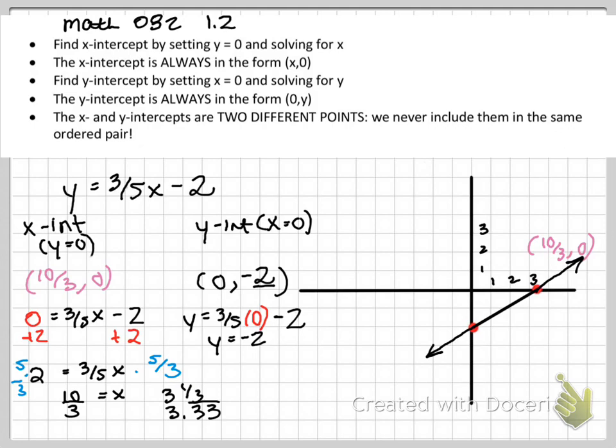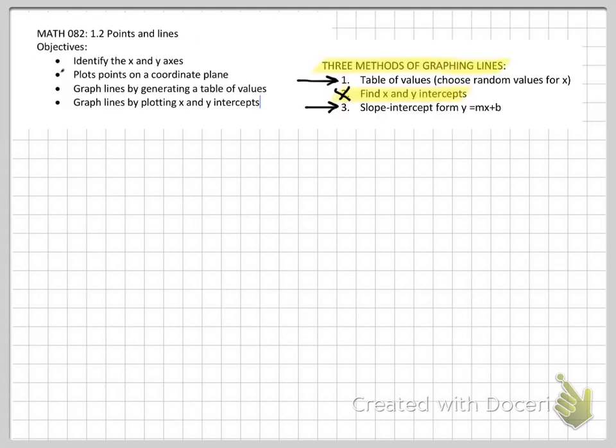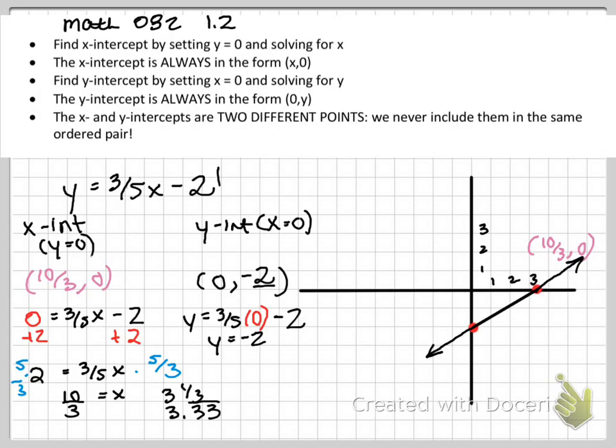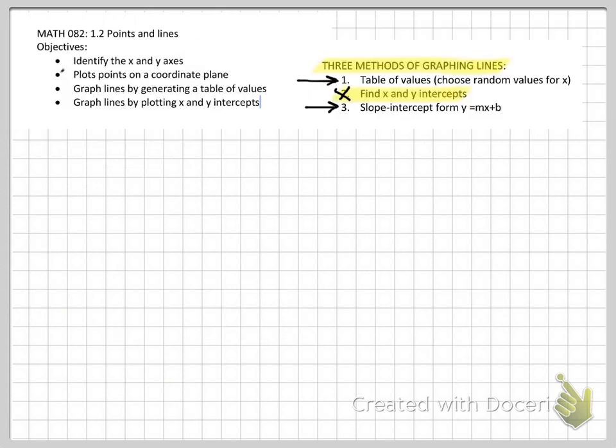So, let's talk about if this was a problem in MOM and you can't use this method, which method would be the easiest? If we go back and look at this function here, y equals 3/5 x minus 2, hopefully you can see that it's already in slope-intercept form.